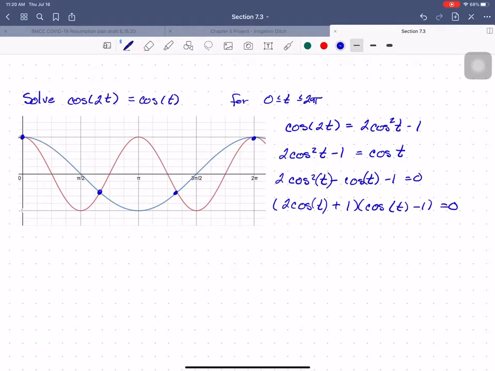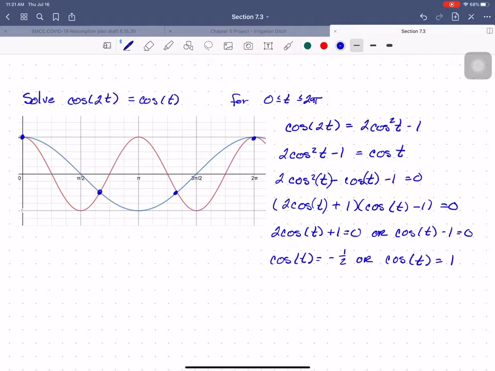That means that 2 cosine t plus 1 equals 0, or cosine t minus 1 equals 0, which means that cosine t equals negative 1/2, or cosine t equals 1.